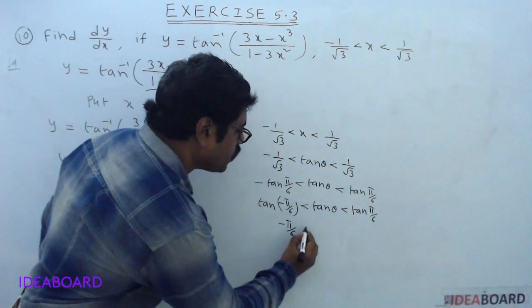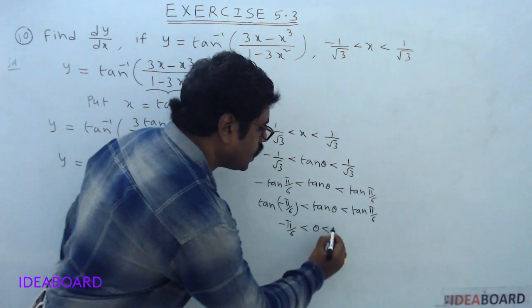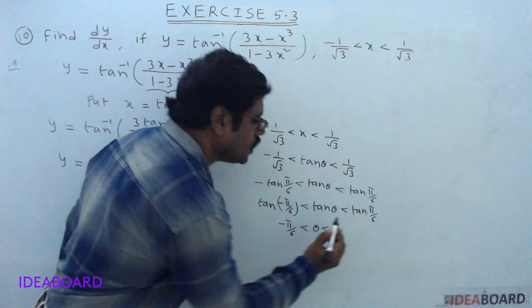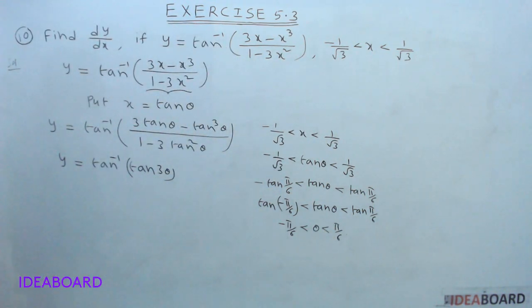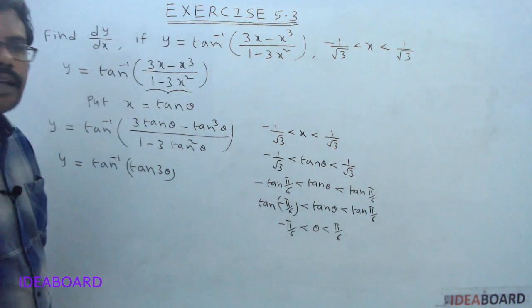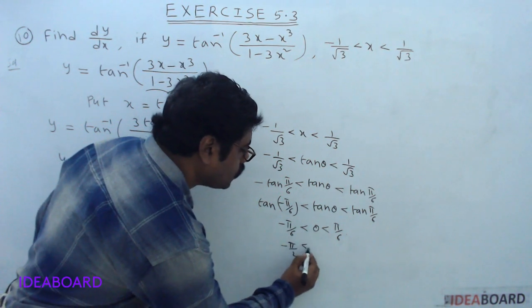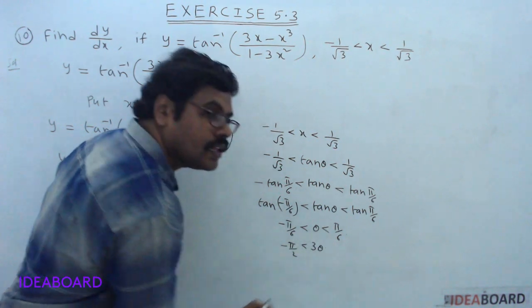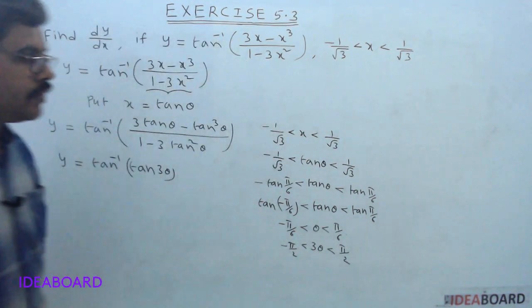So minus pi by 6 less than theta less than pi by 6. Now here we need the value of 3 theta. Multiply this inequality with a constant 3. So this is minus pi by 2 less than 3 theta less than pi by 2.